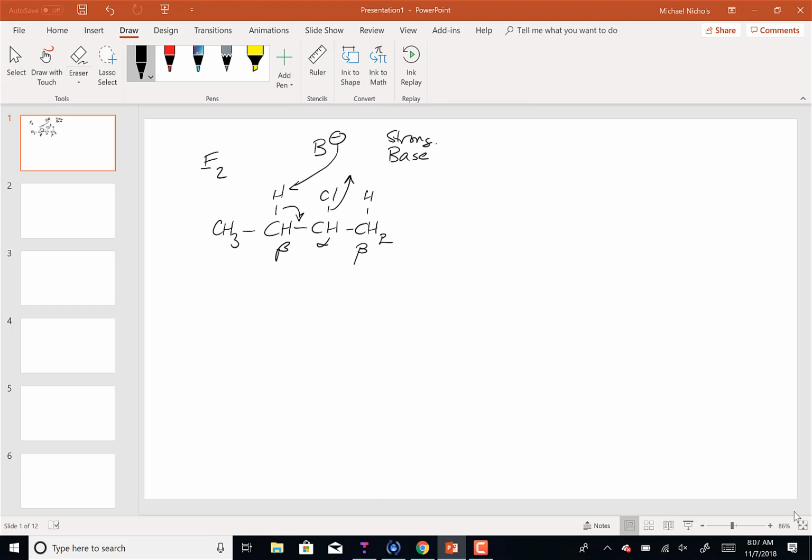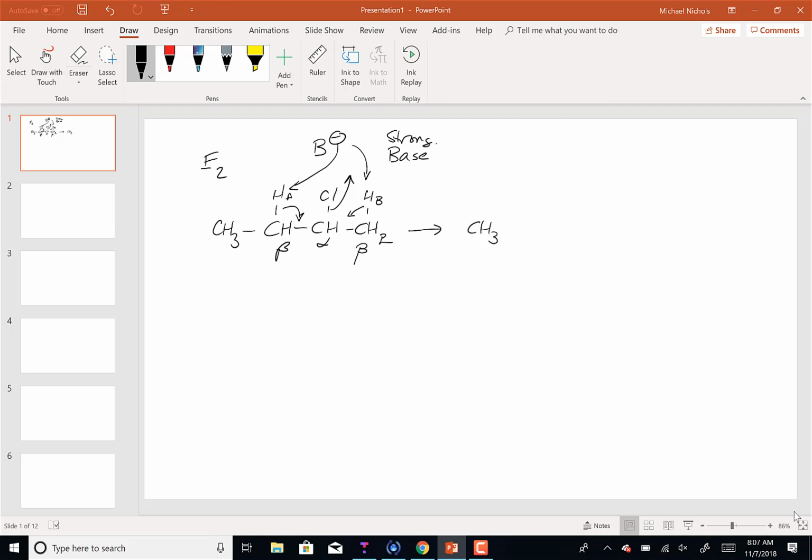So it's a one-step process again, just like SN2. And in this case, since B- could come in and grab either beta hydrogen A or beta hydrogen B, we're going to end up with two possible products.